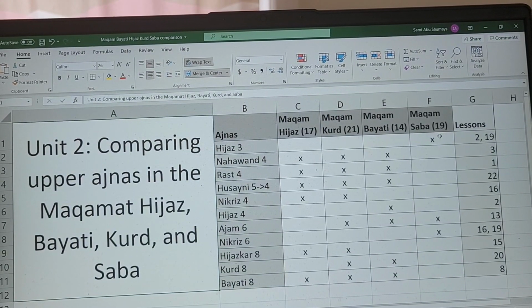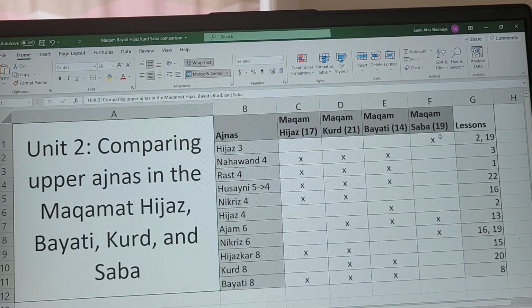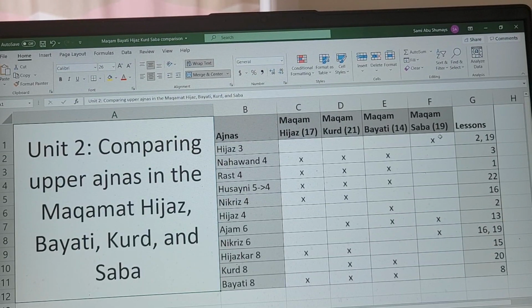This Ajam, which resolves down Ajam Bayati, can come down Ajam Hijaz, Saba. Let's just count down with the scale degree numbers. Counting down in Bayati: 6, 5, 4, 3, 2, 1.